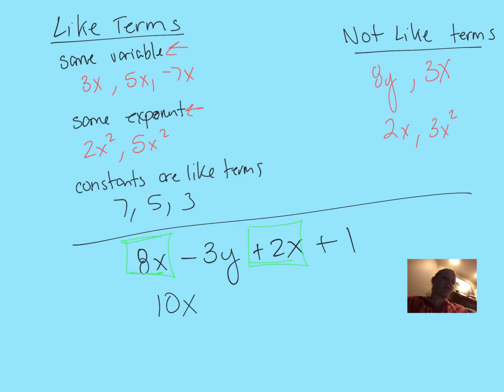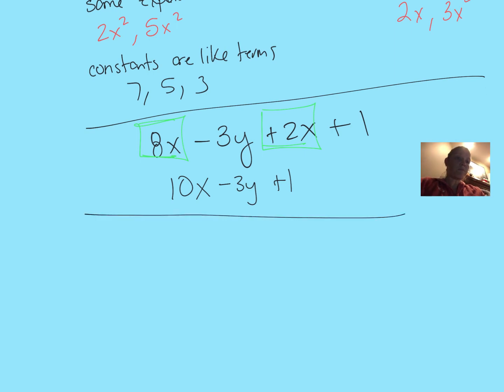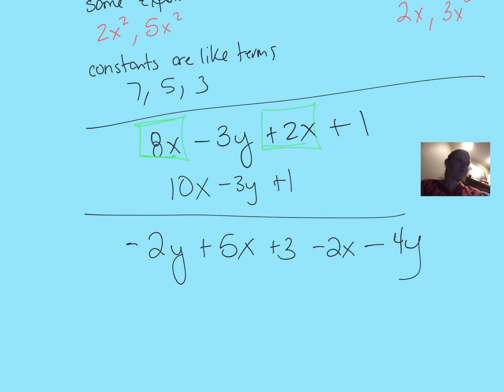But the rest of these terms, that negative or minus 3y and the plus 1, are not like terms, so I actually can't change those, so I'm just going to drop those down. Minus 3y plus 1. If I can't combine them with anything, they stay the same. So another example, let's say we've got negative 2y plus 5x plus 3 minus 2x minus 4y.